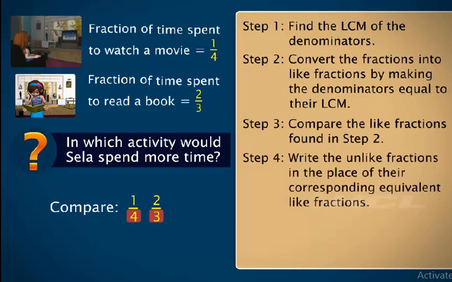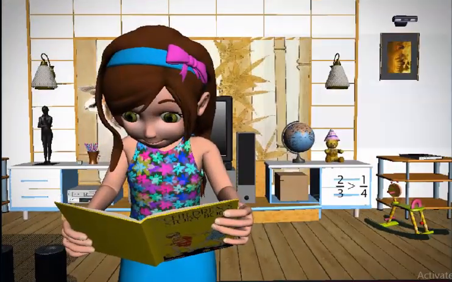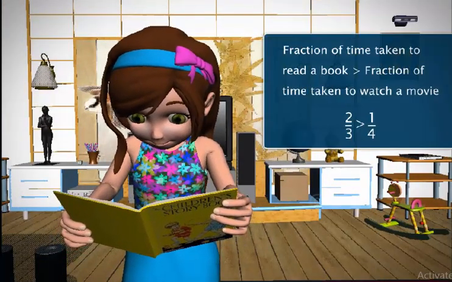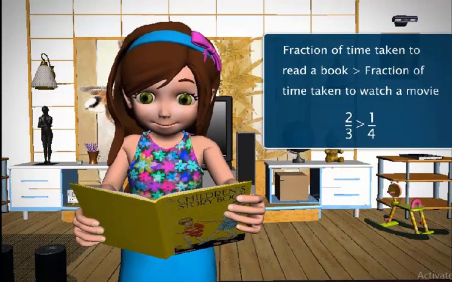Now, writing the unlike fractions in the place of their corresponding equivalent like fractions, we can say that 2/3 is greater than 1/4. So, Sela would spend more time reading a book than watching a movie.